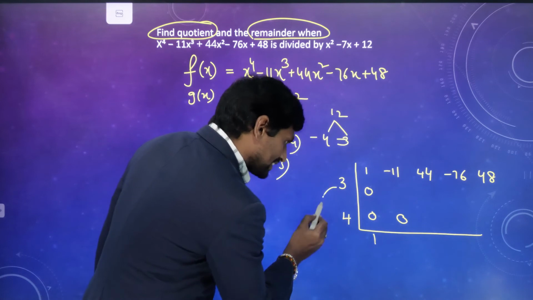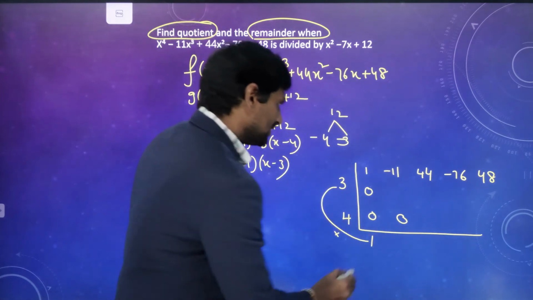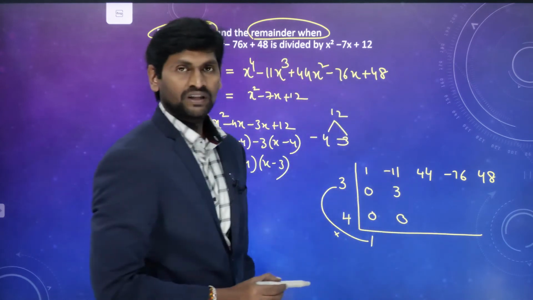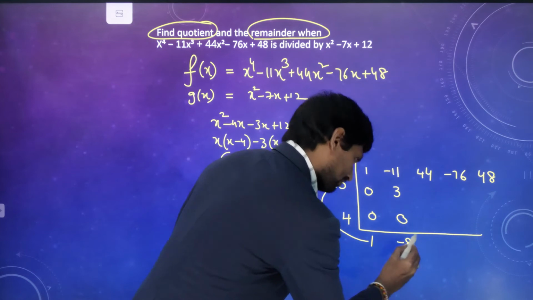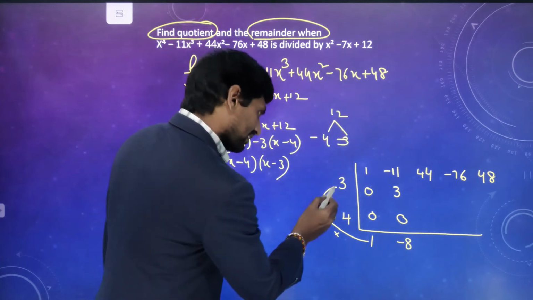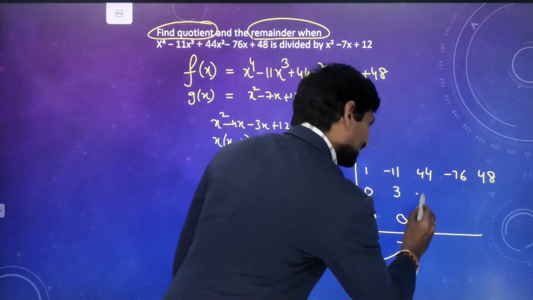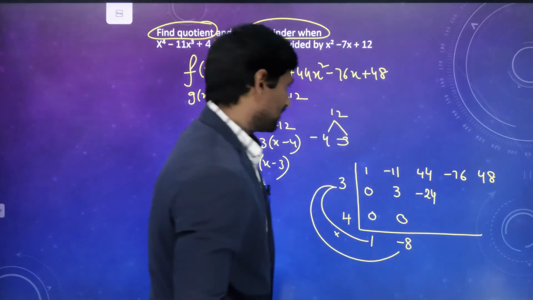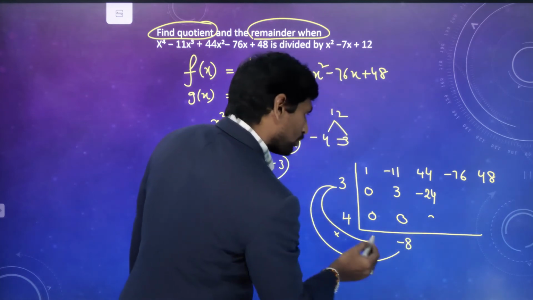Now with the first 0 I am going to multiply. So 3 ones are 3, I have to write here. Minus 11 plus 3 is minus 8. Again 3 into minus 8 is minus 24. Now 4 ones are 4.